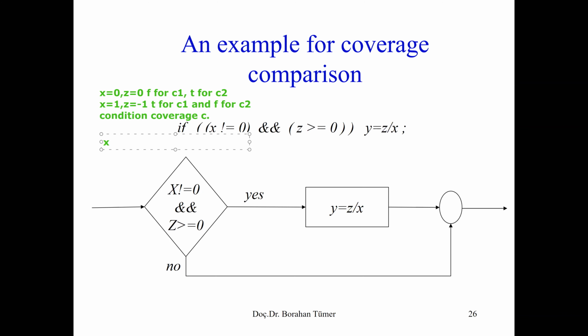Okay, x is equal to 0 and z is equal to -1, x is equal to 1, and z is equal to 0. Okay, this is another set of two test cases that will also provide for the complete condition coverage criterion. Okay.